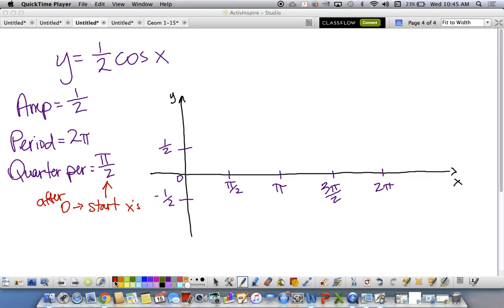And then you add the quarter period every time. Start your x's here, then add the quarter period to each one. That's how we get our x values.